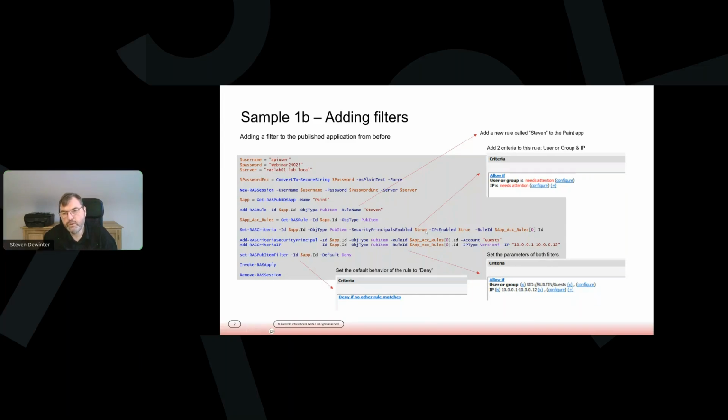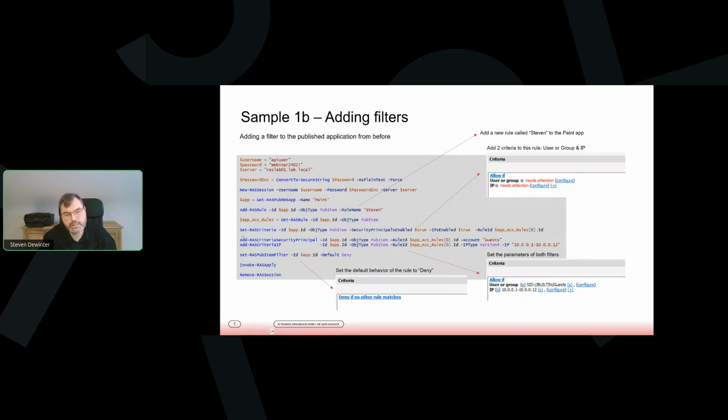And then the second criteria that I would like to add is a filter based on IP addresses. Where this line will just create the rule Steven, this one will create a first criteria where I will be able to filter on users or groups, and where I'll be able to filter on IPs. And then the rest of the script will actually fill in the parameters.